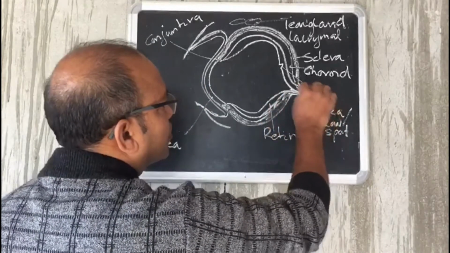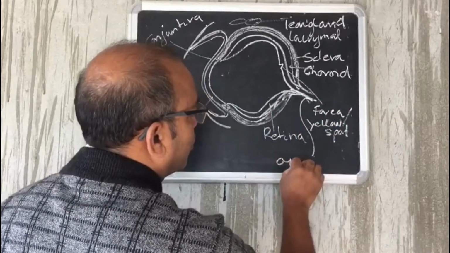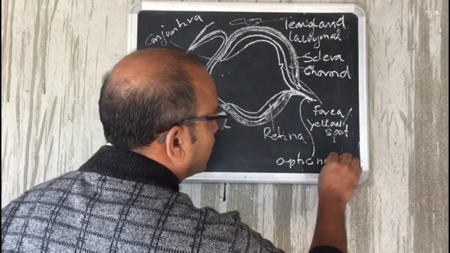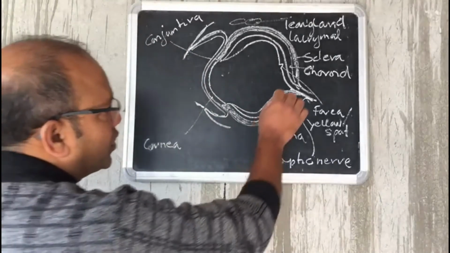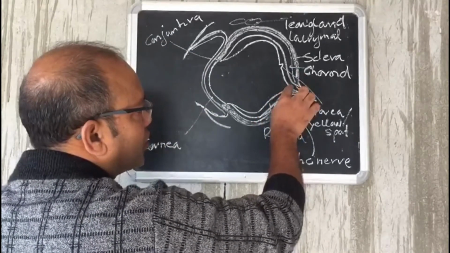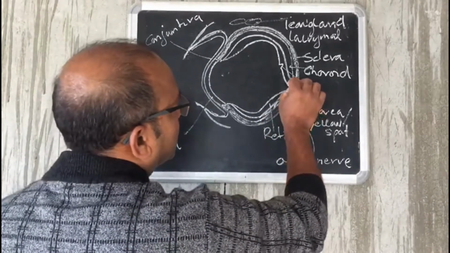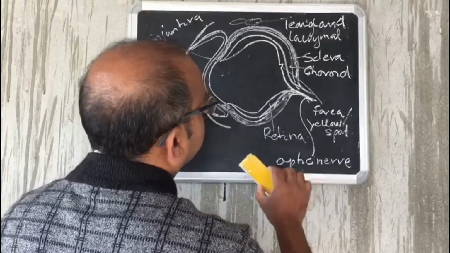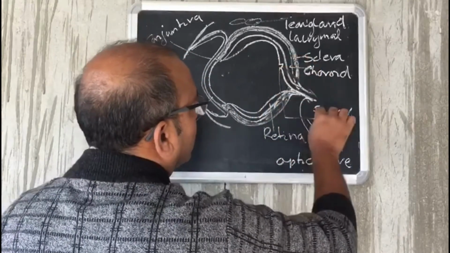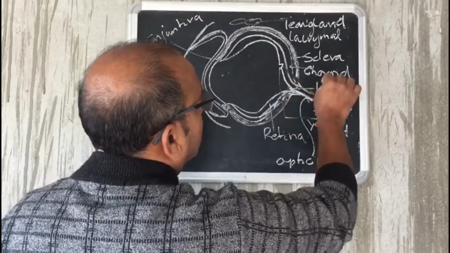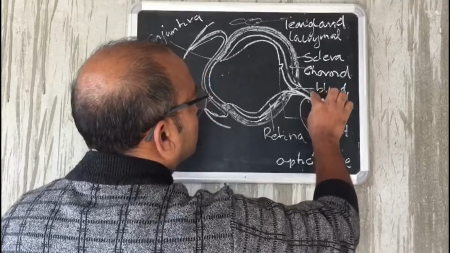And this structure continues as the optic nerve. Whenever an image falls on this particular region, it is not visible. That is why this particular region is called the blind spot.